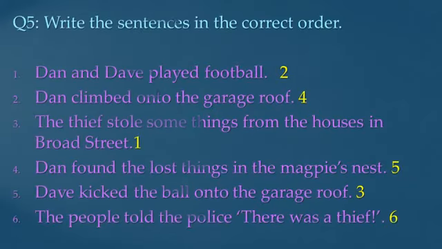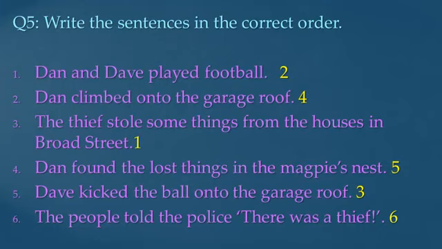Okay, see question number 5. Write the sentences in the correct order. Students, you have to just write the numbers in front of these sentences. The thief stole some things from the houses in Broad Street. This event happened first.